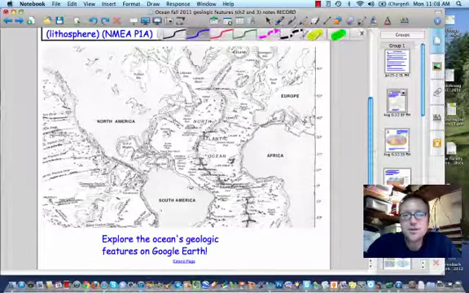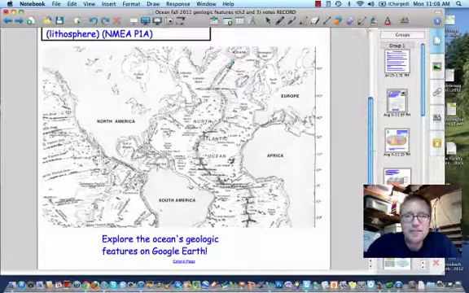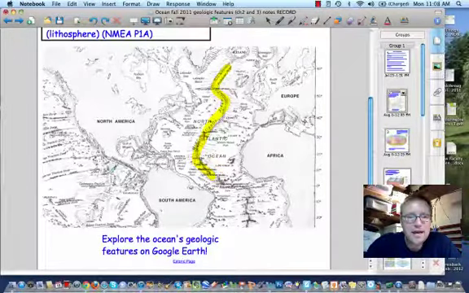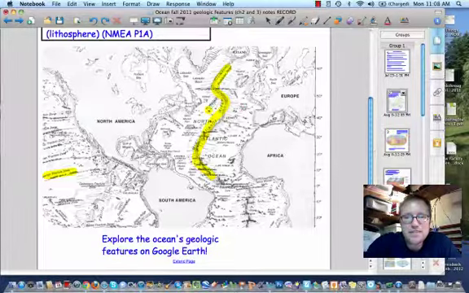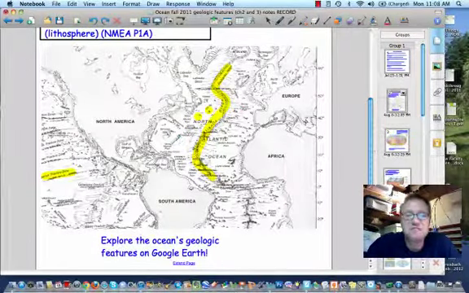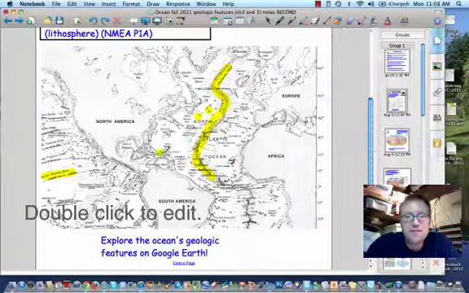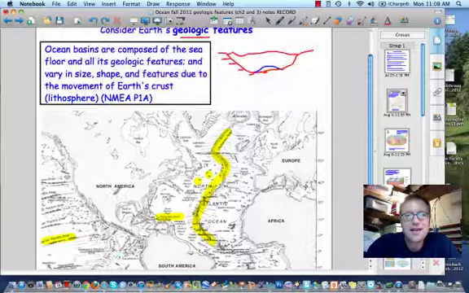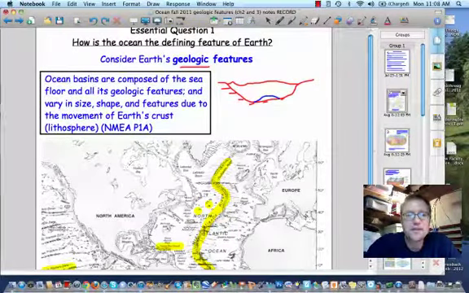Sure enough, we have this ridge that runs down the middle of the Atlantic. We have things called fracture zones. We have these little bumpy seamounts all over the place. We have places that are super flat, flatter than flat, called abyssal plains. We have things called trenches. There's so much going on down there, and that's the first part of what we're thinking about here.